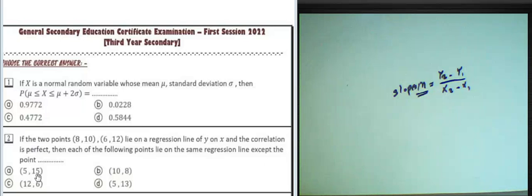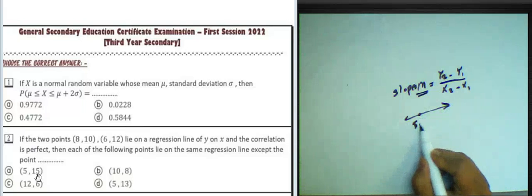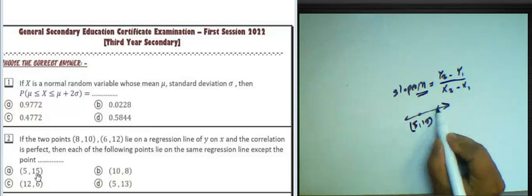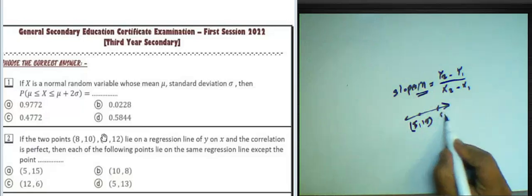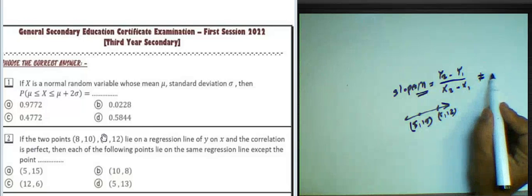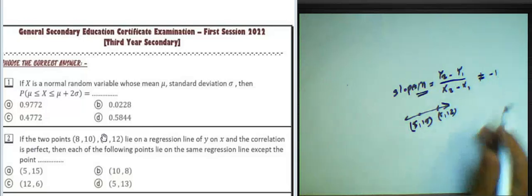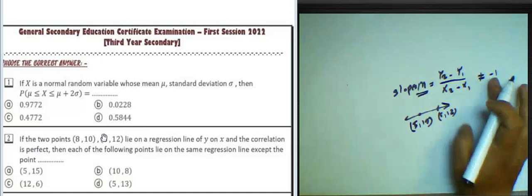Except (5, 15). Why? Because if you want to find the slope between (5, 15) and any point, here (8, 10) or (6, 12), the result is not equal to negative 1, because we found that the slope for this example is equal to negative 1.